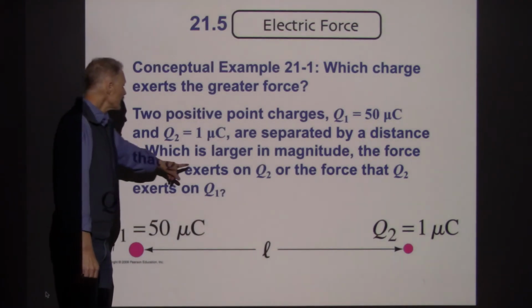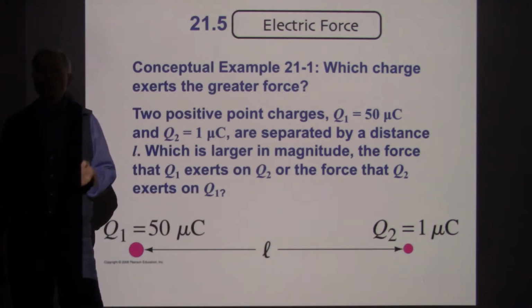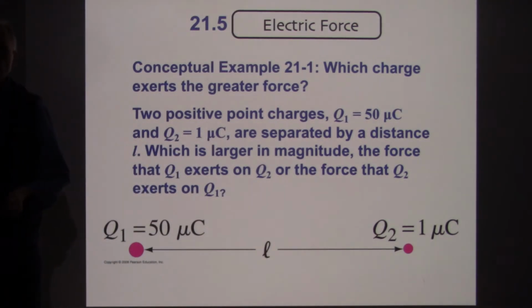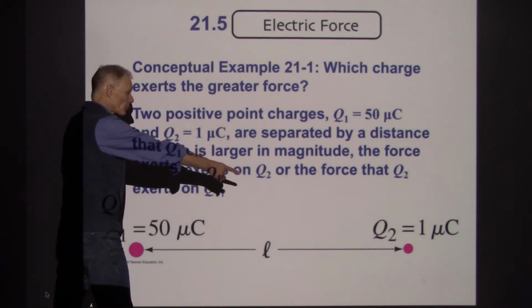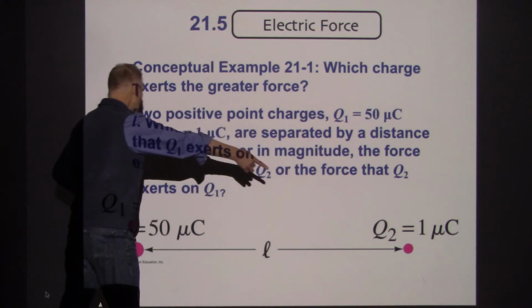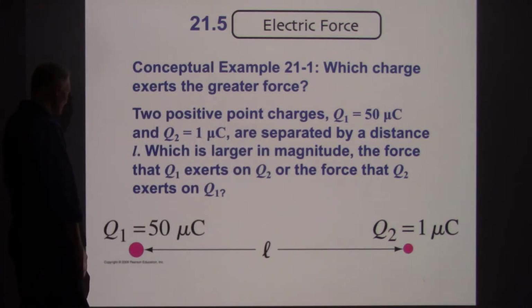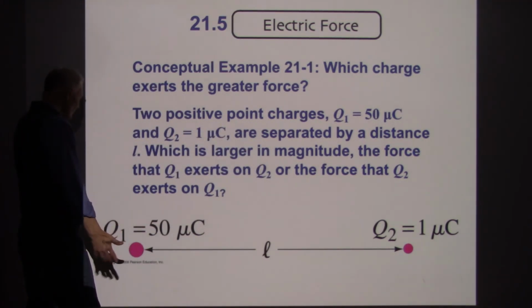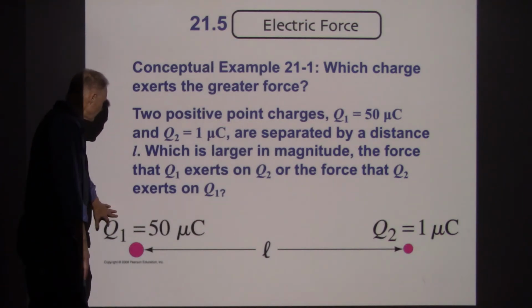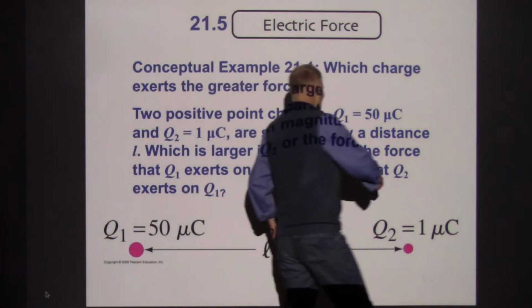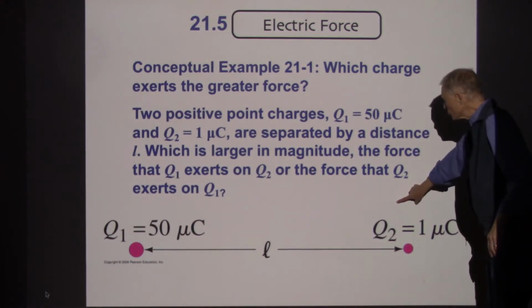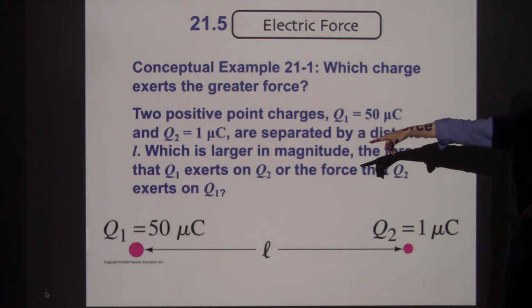Okay, so what it's saying is, who experiences the larger force? And that's kind of funny here, because they're saying Q1 exerts a force on Q2, and Q2 exerts a force on Q1. I guess that's one way of thinking of it. The other way of saying those words is that Q2 experiences a force due to the presence of Q1.